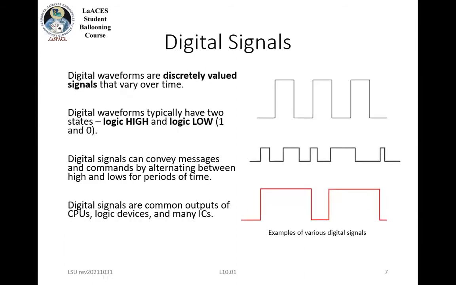And again, the corresponding type is a digital signal, where you have discrete possible values that vary over time. Typically, if we're talking about a signal, there's often just two values, a high level and a low level, right? Logic high, logic low, 0 and 1.